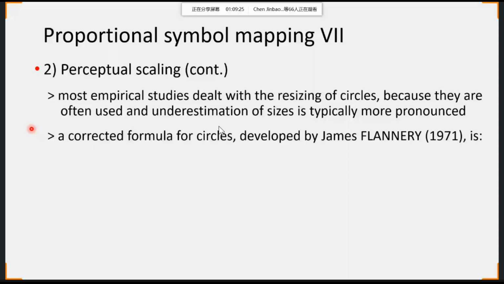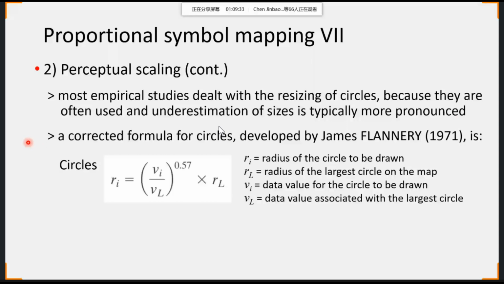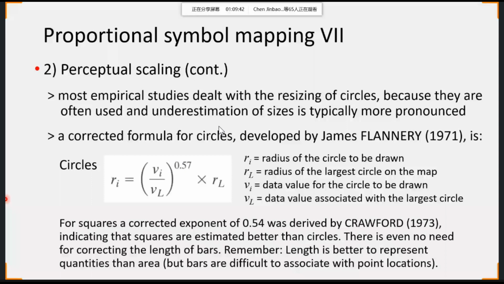A corrected formula for circles was developed by James Flannery. It's that one here. So you see there's a difference here in the exponent. For squares, a corrected exponent of 0.54 was derived by Crawford, 1973, indicating that squares are estimated better than circles. So this exponent is different when you use, for example, squares instead of circles.